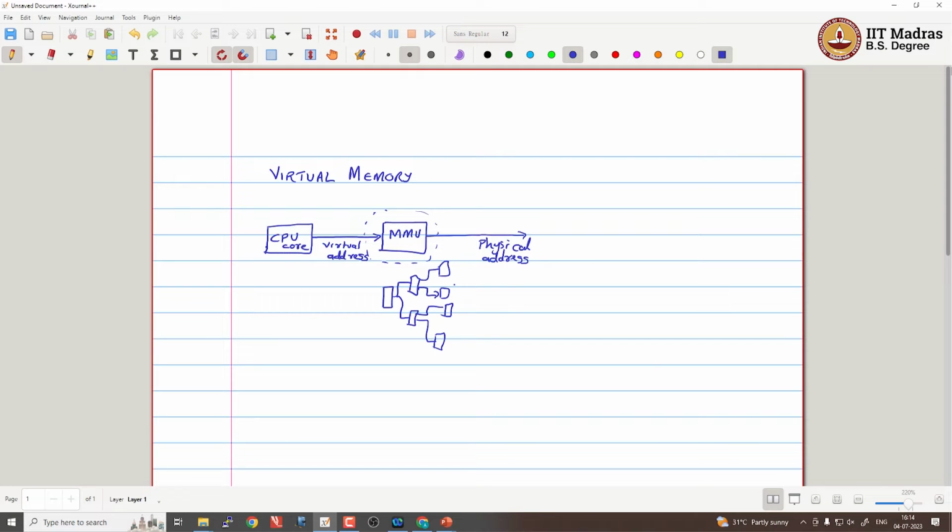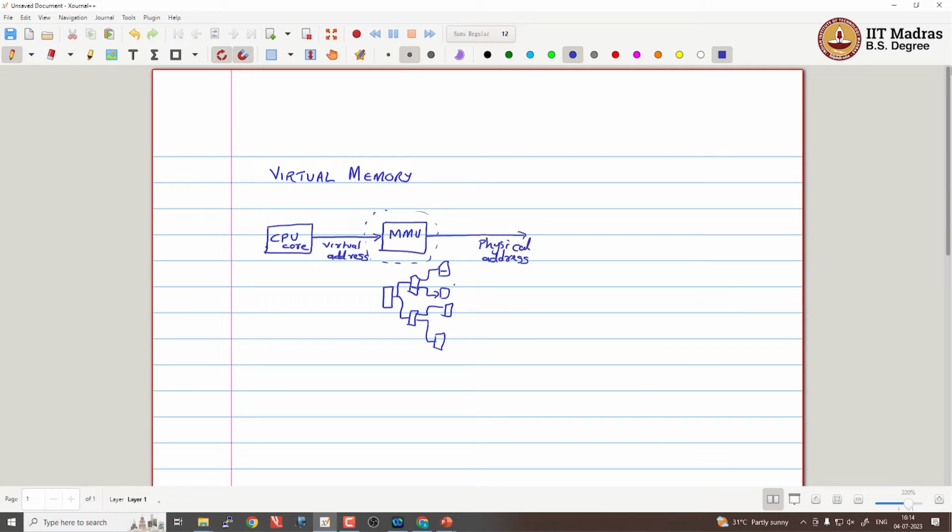The setting up of these page tables and the page directory and so on, and each page table entry, which is each entry into these page tables, is essentially done by the operating system. So unless the OS sets up these page tables and the page directory and enables this translation from virtual to physical address, only then will this entire scheme work.